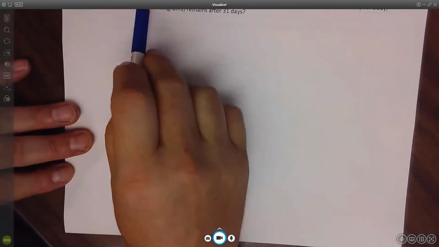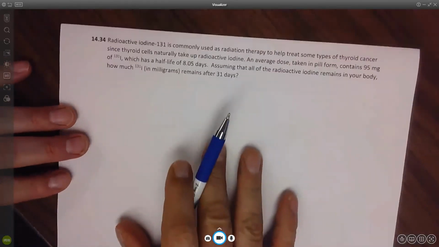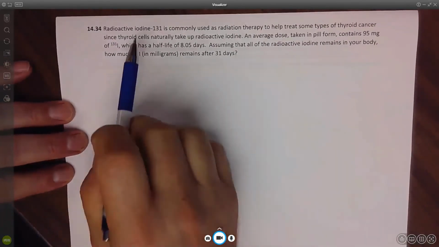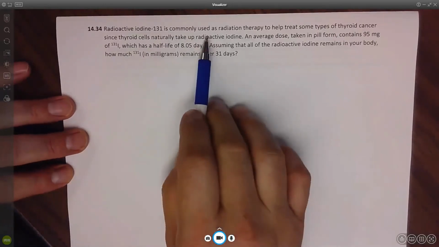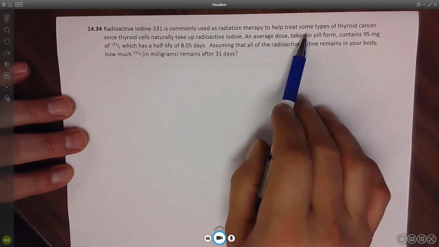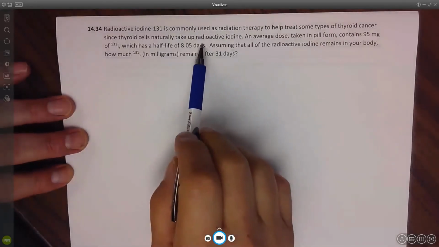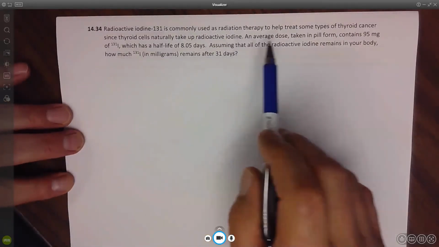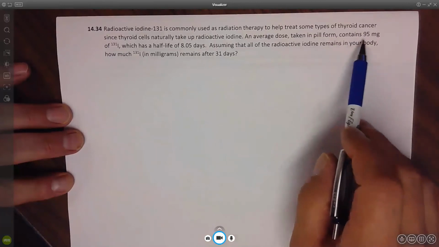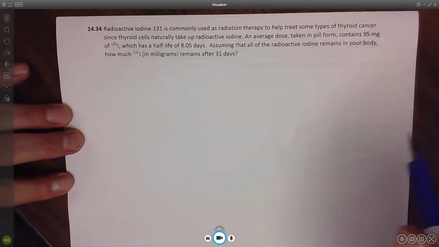Okay, let's try another. So this is radioactive iodine 131. Radioactive iodine 131 is commonly used as radiation therapy to help treat some types of thyroid cancer, since thyroid cells naturally take up radioactive iodine. An average dose taken in pill form contains 95 milligrams.